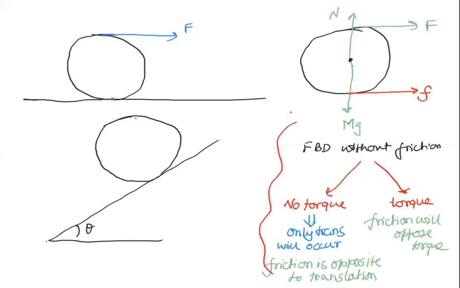So if you draw the FBD of this object, you will find that there is mg acting on it, and there is a normal reaction acting on it. And there is nothing else, because I'm saying that you have to draw the FBD without friction. Now, in this case, about this point, when we draw the FBD without friction, do we end up at a situation of no torque, or is there torque?